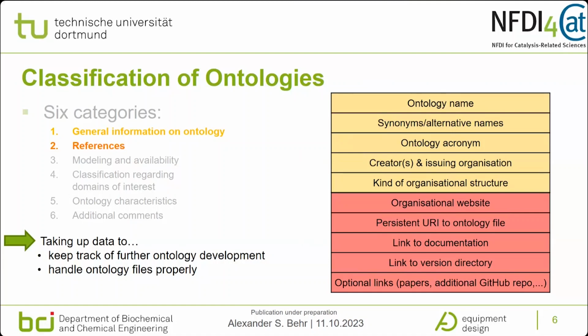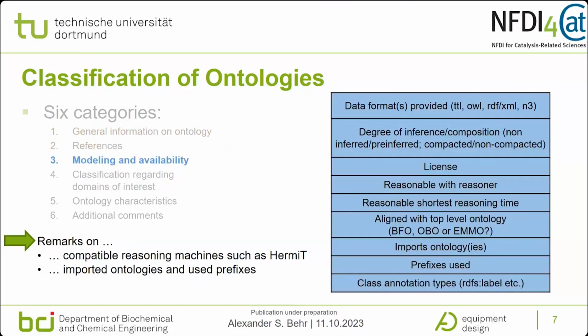This was meant to keep track of further ontology development and to handle the ontology files properly, because we did not want to store the ontology files separately on our hard disk, but rather just refer to the URLs of the ontologies.